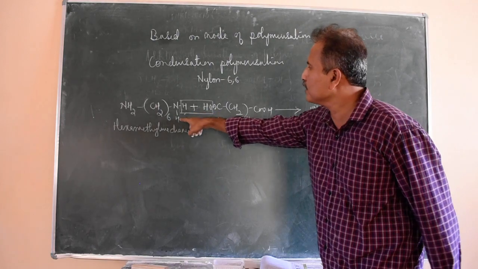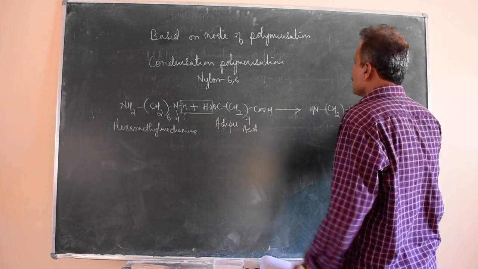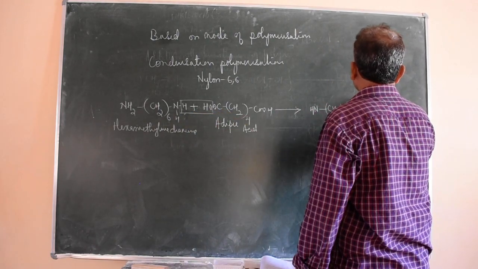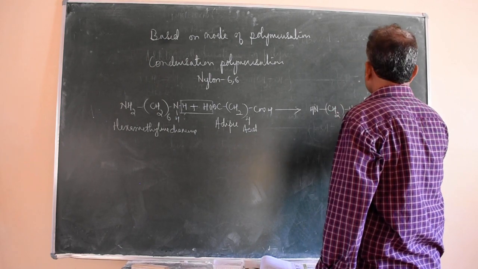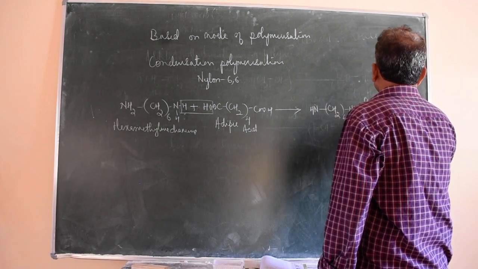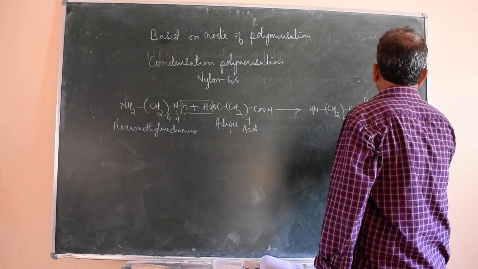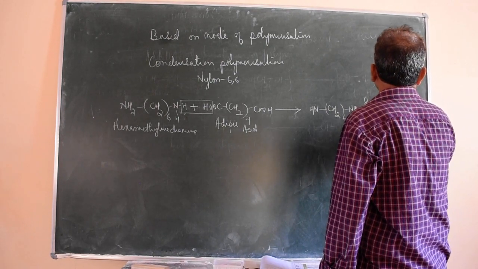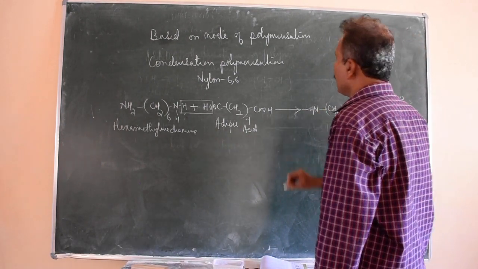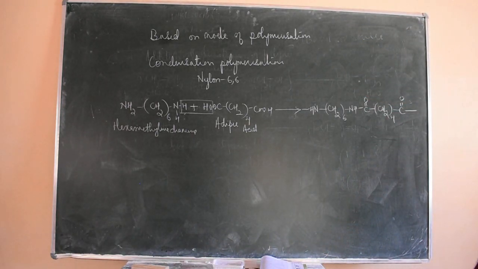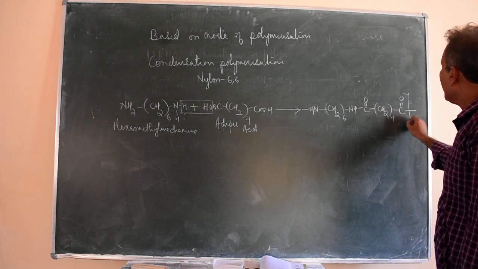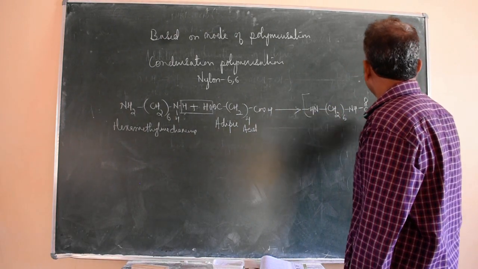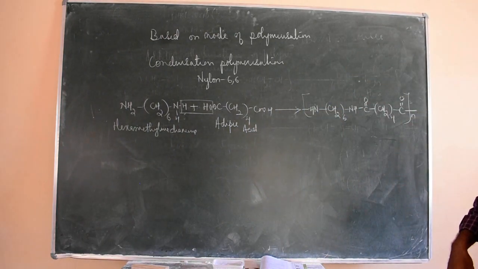What remains here? NH, then dash CO, C double bond O, dash CH2 4 times dash C double bond O. So this becomes the monomeric unit that repeats n number of times.